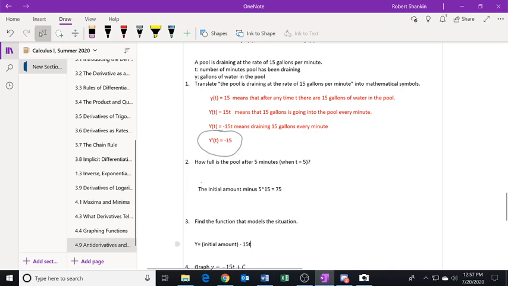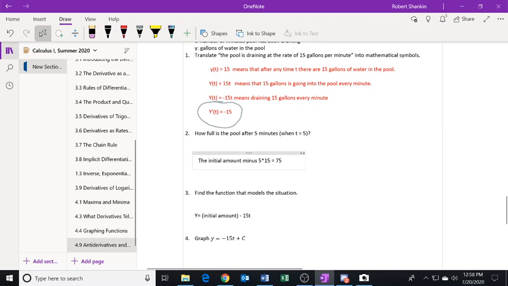So that when you take the derivative of this, when you take the derivative of any constant for the original amount, you get 0. When you take the derivative of minus 15t, you're going to get minus 15. And that's consistent with this. The only thing that we were missing with this statement way earlier, y of t is negative 15t, was that it should have been an initial amount, subtract 15t.